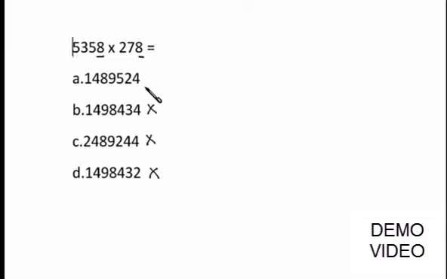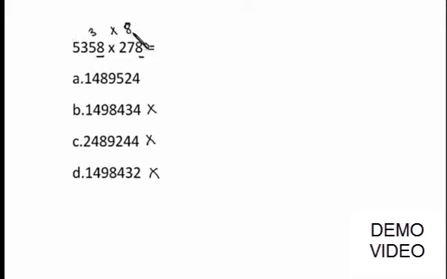Still, we just find out the digital root, right? And if we get the same digital root, then definitely it is a correct choice, though we do not have none of these with us, right? So it's 5 plus 3 is 8, 8 plus 5 is 13, 13 plus 8 is 21. So the digital root is 3 into 8 plus 7 is 15, 16, 17, that is the digital root is 8.